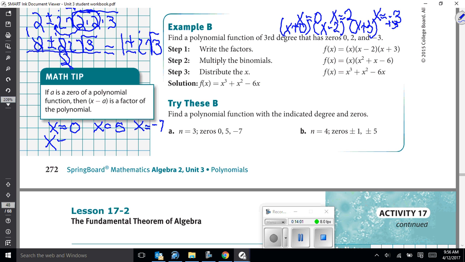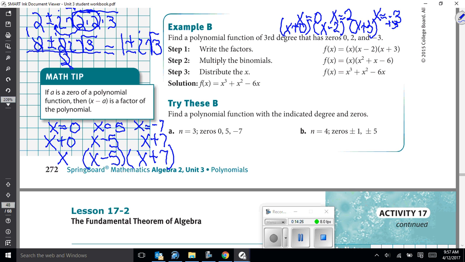All right, so this would be x plus 0, which we don't ever write the 0, right? So this was just our x. And then when we moved our 5 over, x minus 5, and x plus 7. So now multiply the binomials.